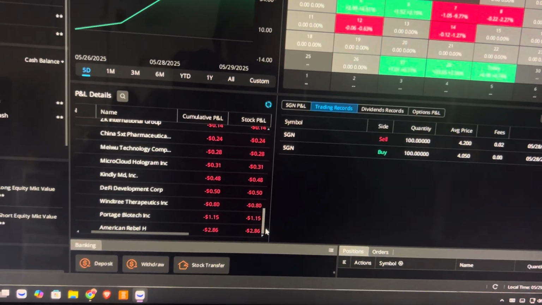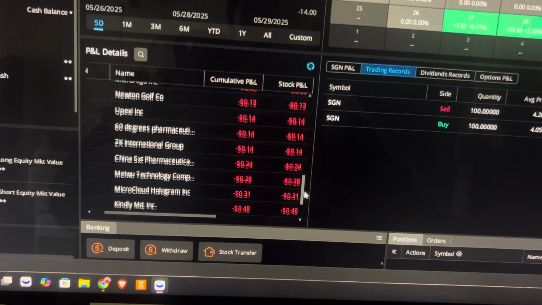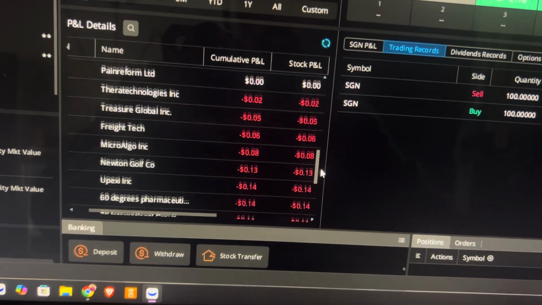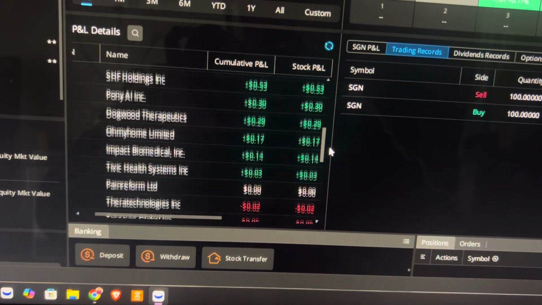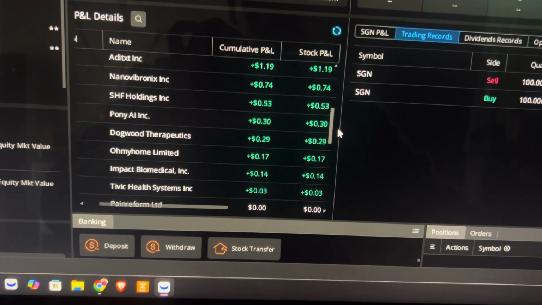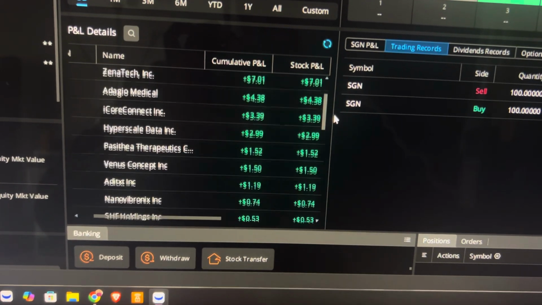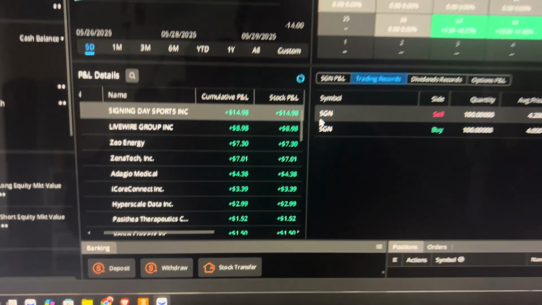I started with the reds, 286, and then I started getting smaller, 24 cents, 13 cents, 14 cents. My losers started getting smaller, break even, and then I started seeing results: 13, 14, 17, 29, 30, 53. And this is what I want to see in my account.